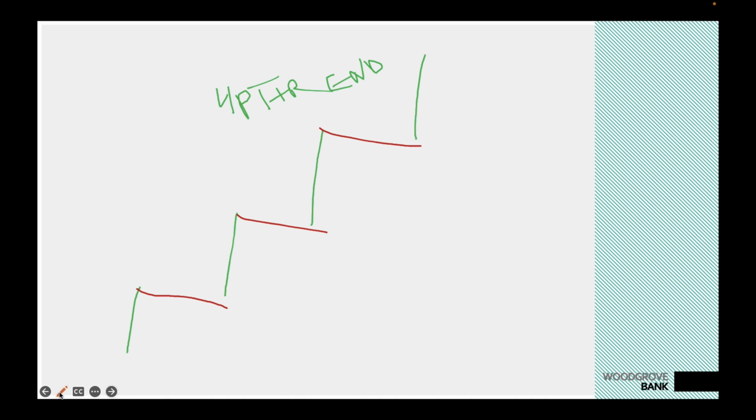When you are trading the forex market and you have something like this, this is an uptrend.